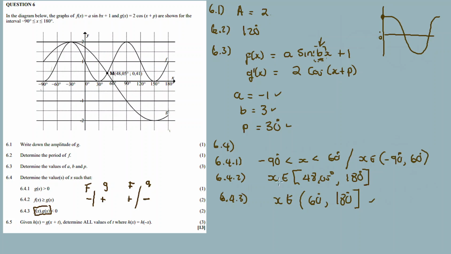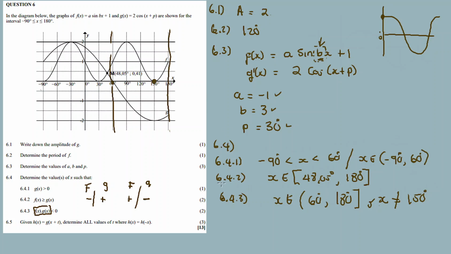I saw it's from 60 degrees I'm excluding because here it's 0 to 180, but 150 is also 0, so we say here x should not be equal to 150 degrees. Yes, x should not be 150 degrees from 60 to 180 in our answer, because at 150 it is 0.